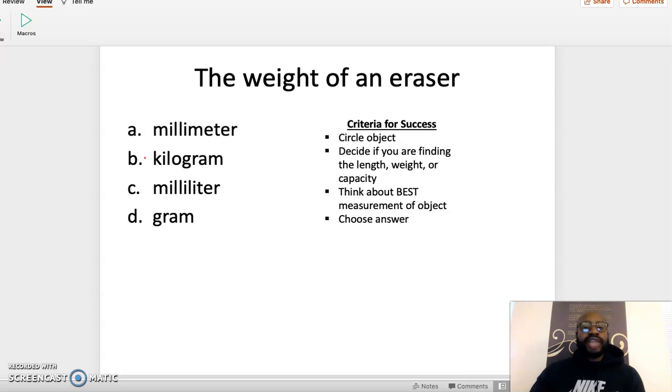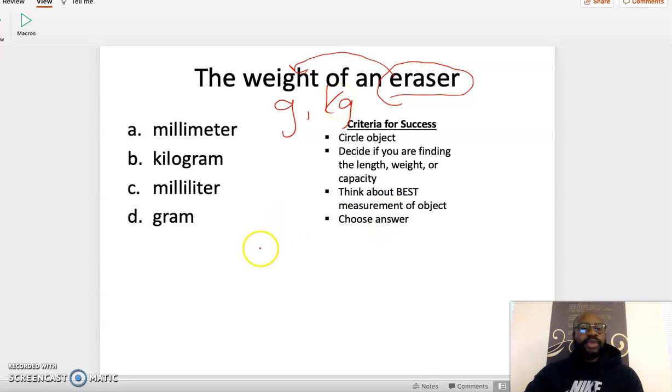Number 2, I'm going to do the same thing. Going to my criteria for success, it says the weight of an eraser. What do I do first? Circle the object, eraser. Cool. What am I trying to find about the eraser? Oh, the weight. Weight means how heavy something is. So we find the weight using grams or kilograms. A gram is about a paper clip. A kilogram is about a textbook. So when I look at my choices, millimeter, that's not even an option for weight.